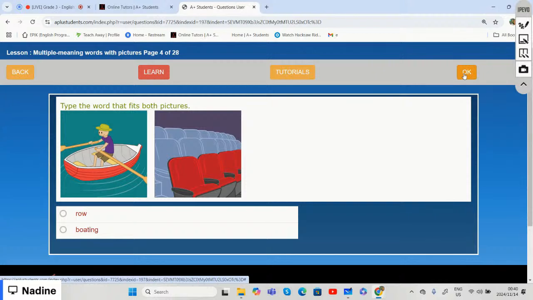All right. And if we look at the next one, we need to choose a word that fits both the pictures.